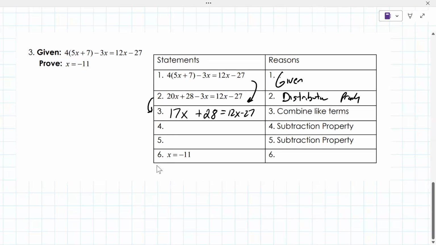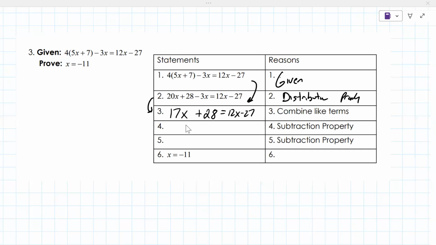Okay. So subtraction property. Now, what's not clear is whether they're subtracting the numbers or the variables. You get to kind of decide. 17 plus 55 equals 12x.